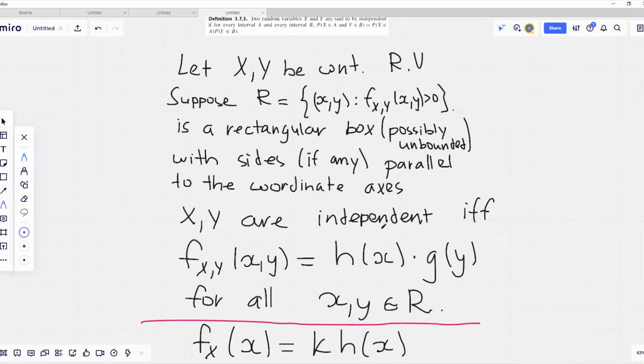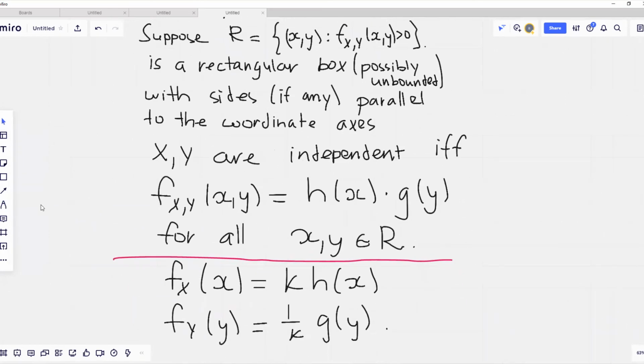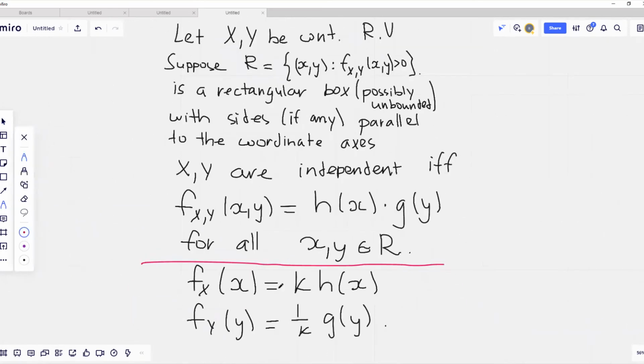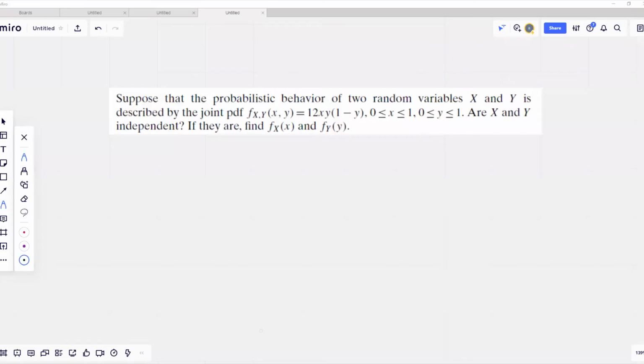Then X and Y are independent if and only if their joint PDF can be represented as a product of functions h and g, where h is a function of only x and g is a function of only y. And then if that holds true, we can find their marginals from these functions h and g.